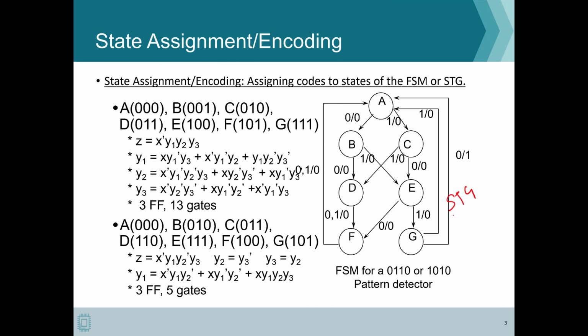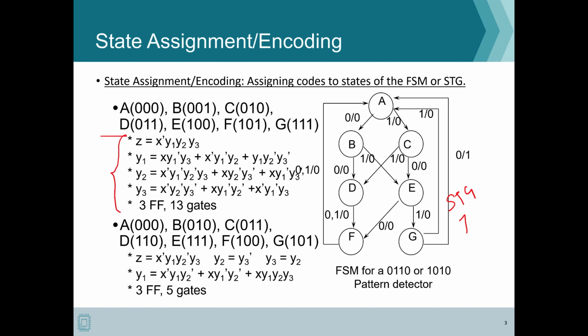So here you can see that we have 7 states. So we could arbitrarily assign some codes. So here, as you can see, we can assign state A as 000, B as 001, C as 010, and so on. And then we actually see what our design would yield.